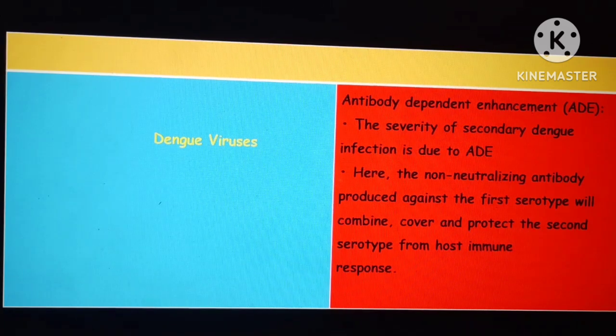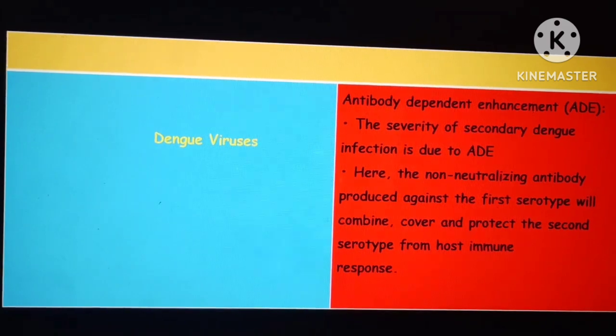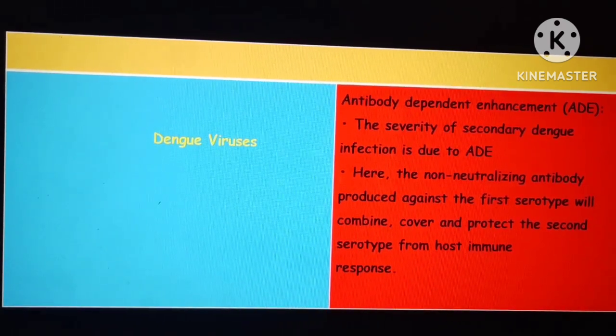If the patient has been infected by the dengue virus, say with serotype 1, then at the first infection both neutralizing and non-neutralizing antibodies will be produced. The neutralizing antibody binds to that serotype and eliminates the infection.